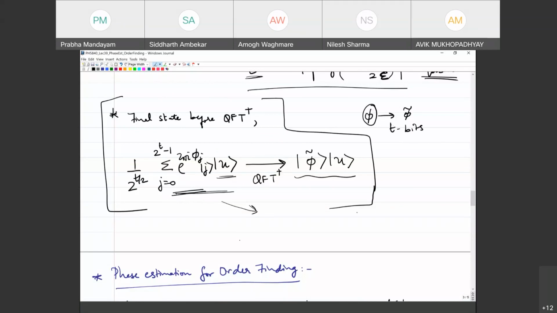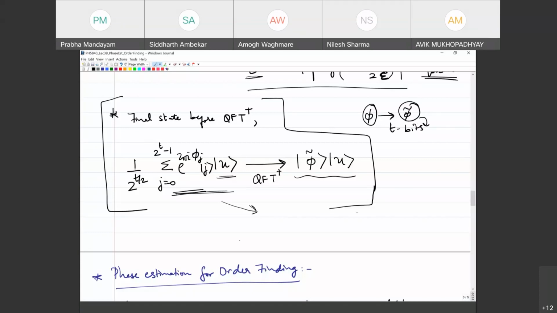It may need many more bits. It could even be some irrational number. So there's no guarantee that within t bits I'm going to be able to truncate the representation of phi. So I'm first of all approximating it with some phi tilde, which I'm representing using only t bits.